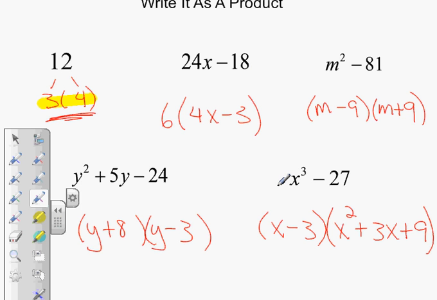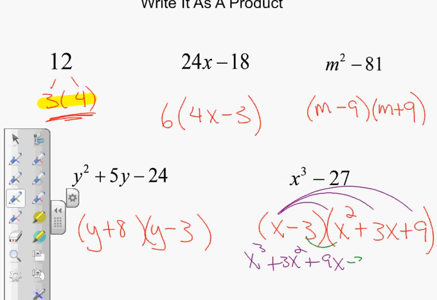I'll do two colors here. I'll do x times x squared, x times 3x, and x times 9, which is going to give me x cubed plus 3x squared plus 9x. And then I'll do, down here in green, negative 3 times x is negative 3x squared. Negative 3 times 3x is negative 9x.